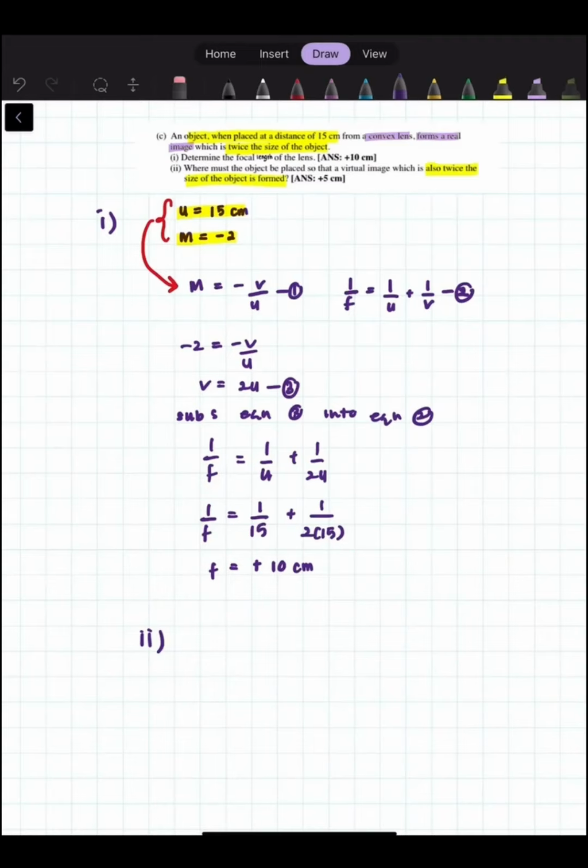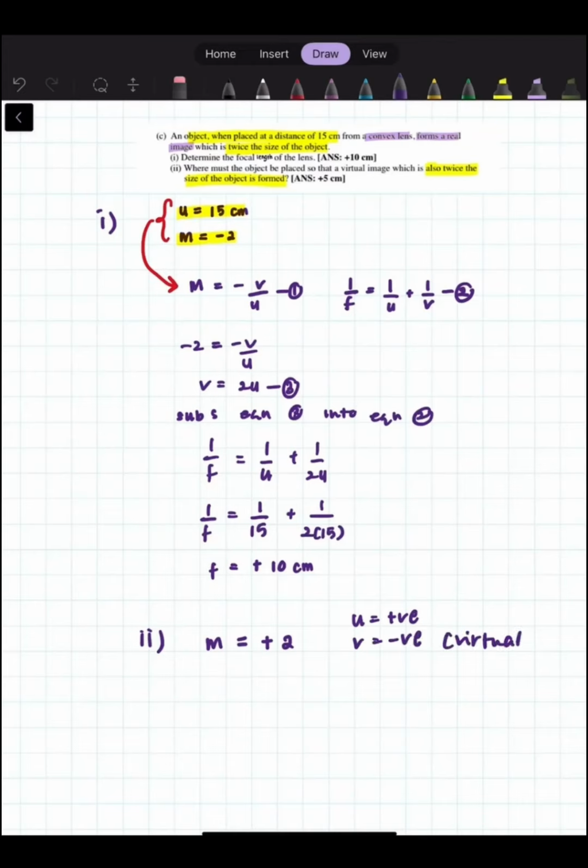So let's write down our information, which is the magnification is positive 2, like I said just now. If we have u equals to positive value, v equals to negative value because it's a virtual image.